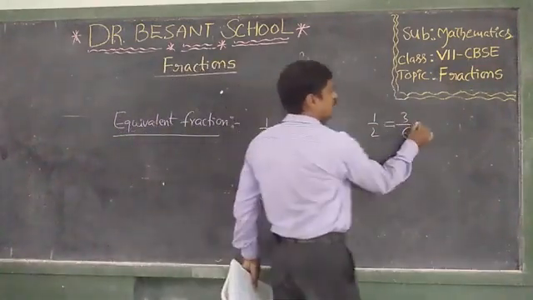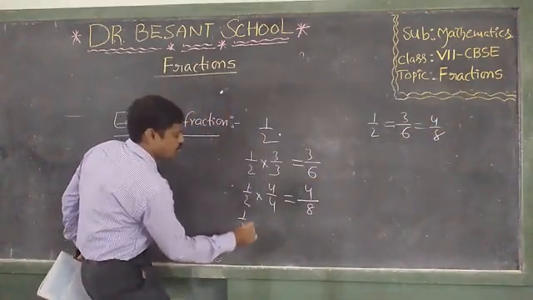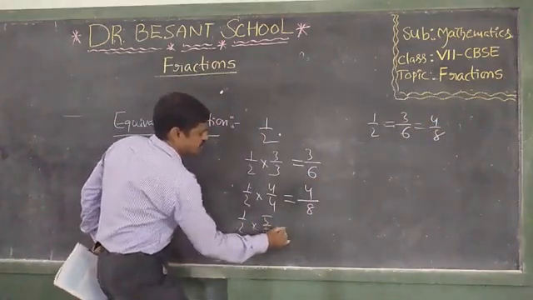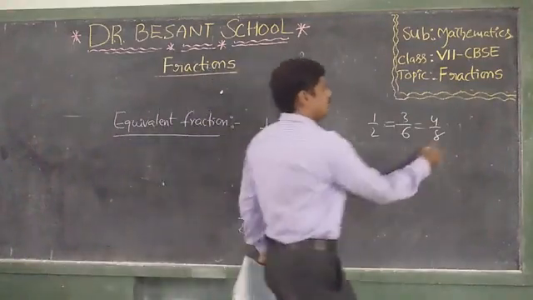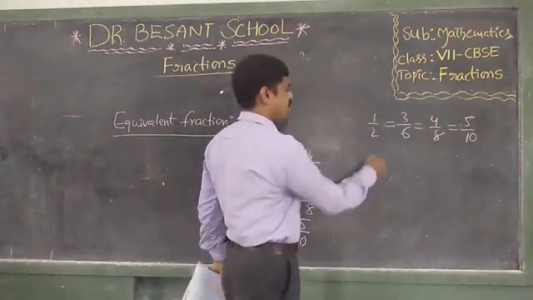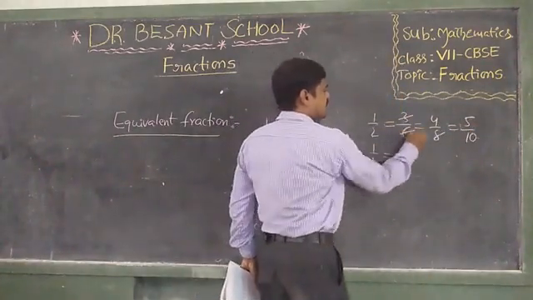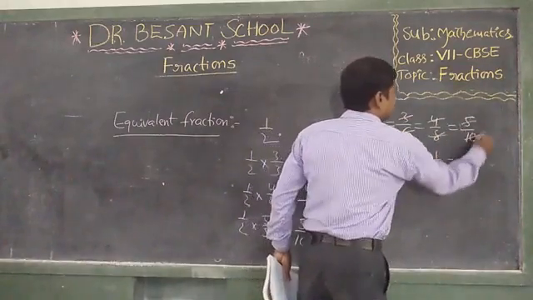So that is equal to 4 by 8. Next, multiply by 5 by 5: 1 5s are 5, 2 5s are 10, that is equal to 5 by 10.